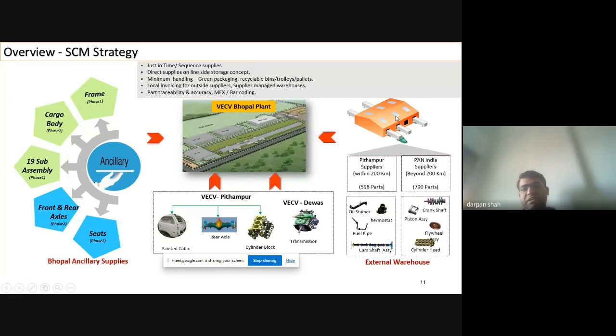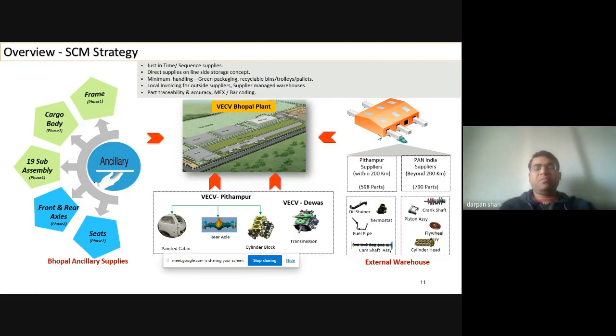This warehouse is just 500 meters to approximately 1 kilometer from the main assembly line, and it is operated in a 3PL 4PL concept.